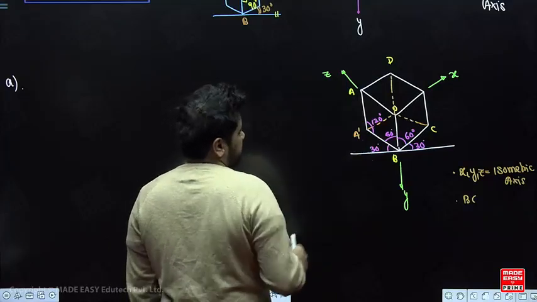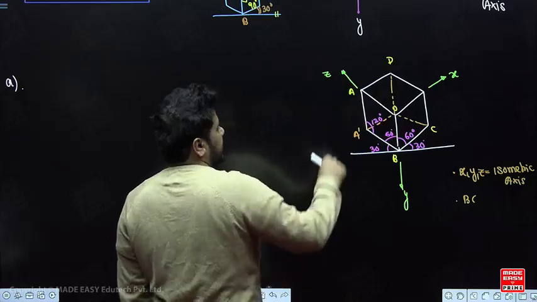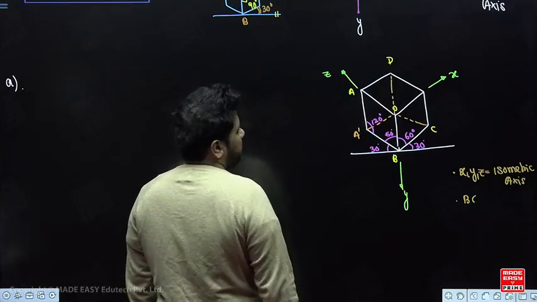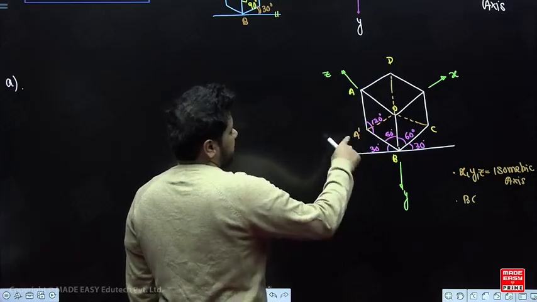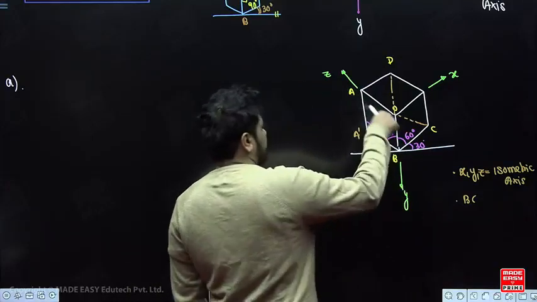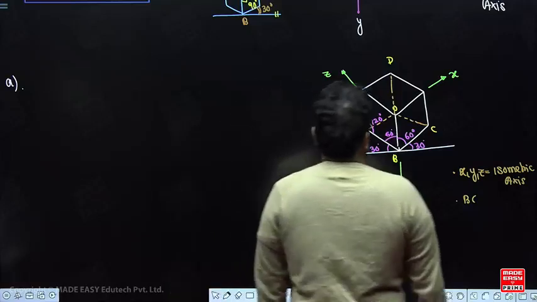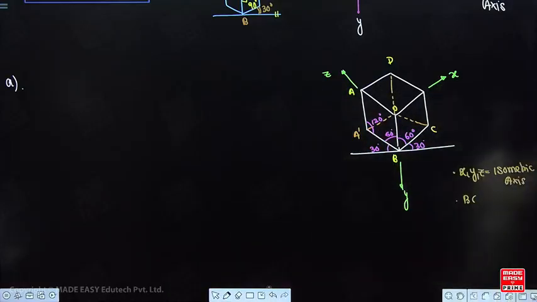So this line BC, it is parallel to the isometric axis. Similarly, AA dash is parallel to OB, and BA dash is parallel to OA, right? So any line parallel to the isometric axis is called an isometric line.